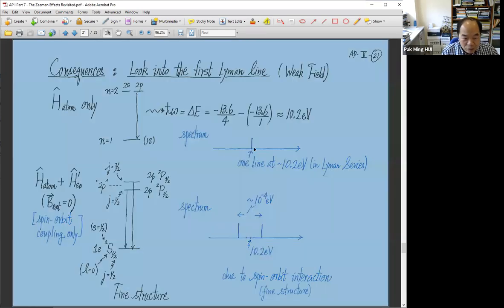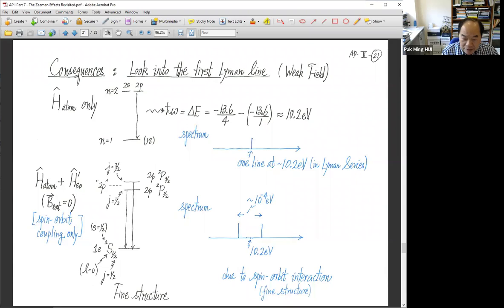Now, with more quantum mechanics, we learn the following. Inside the atom, there is spin-orbit interaction. Even if we don't have an external field, we have fine structure. That's what we discussed last week.